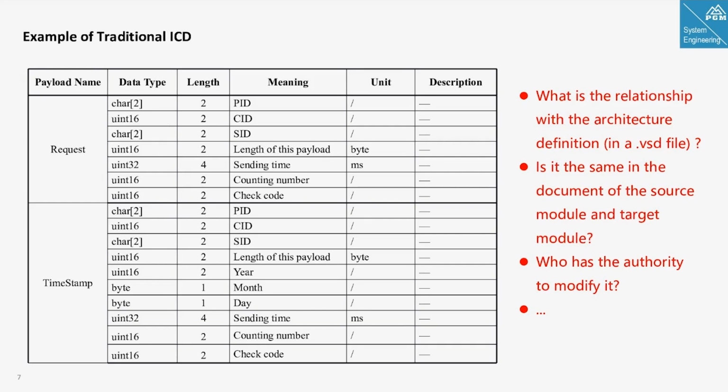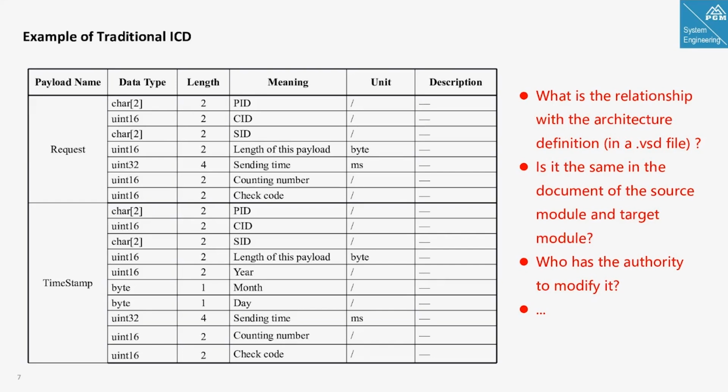And the second question maybe, is it the same in the documents of different modules? We will have a requirement definition document, and an architecture definition document for the source module and for the target module, and they are all related to the interface information. But we're not sure that all this information is consistent.